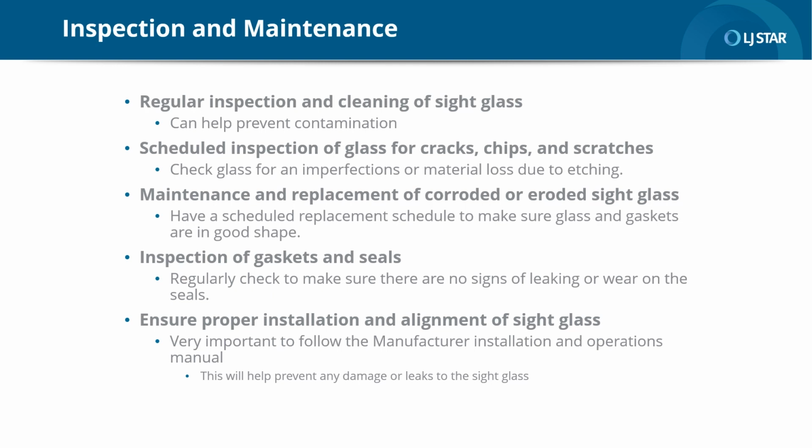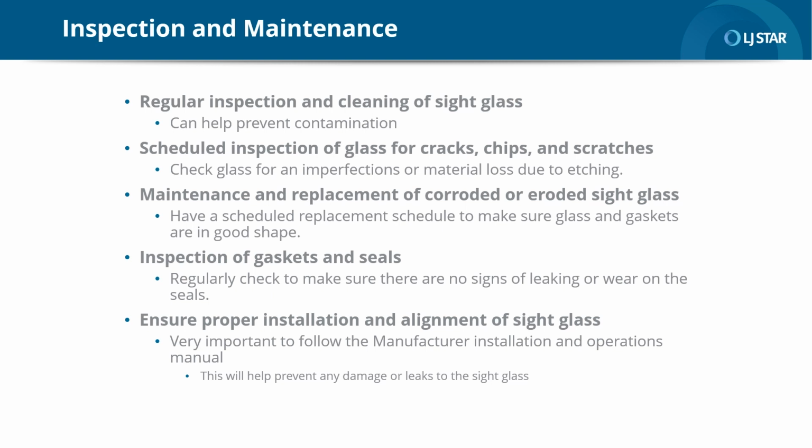It's not impervious to being hit. There's a lot of operators that are moving in and around where they may set tools on it, as I mentioned earlier, or they may bump a glass during production or during maintenance of other equipment. So it's something that really should be checked, especially since it can be broken.